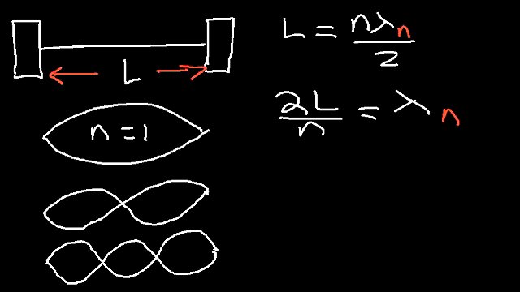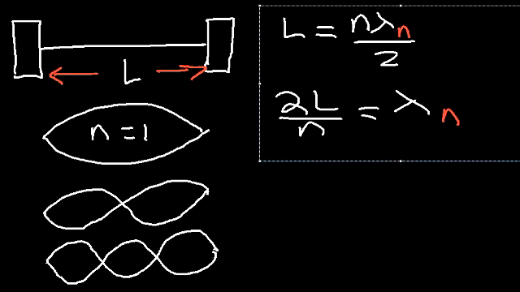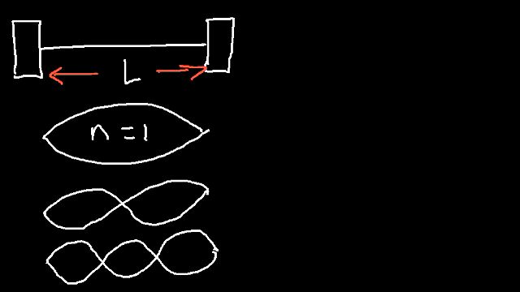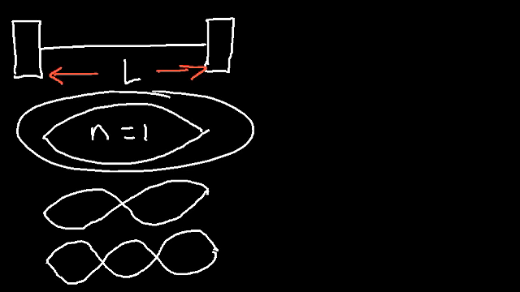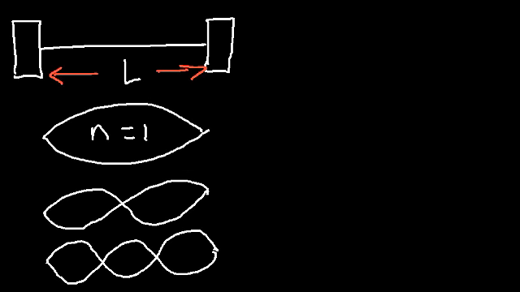Now, in addition to that, there are some other equations that we can get. We'll talk about them soon, but let me show you something else. Let's say the frequency that corresponds to this particular standing wave pattern is 100 hertz. This is known as the fundamental frequency, or the first harmonic.